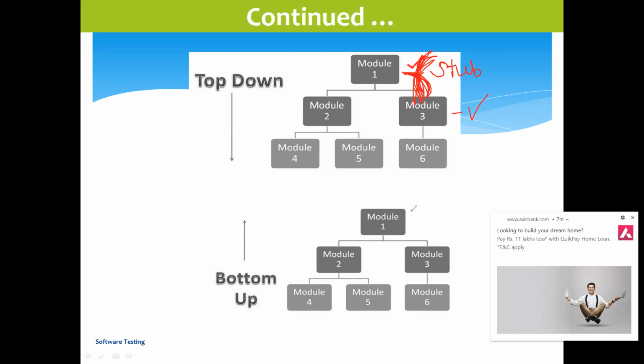Similarly, in the bottom up approach, the same process applies, where somewhere it is not completed. Suppose module 1 is completed, module 2 is completed, but module 5 is not completed. It is going bottom up. So whenever module 5 and module 2 are tested integratedly, the problem is that module 5 is not completed, so how will it send data to module 2, and how can we check them combined?